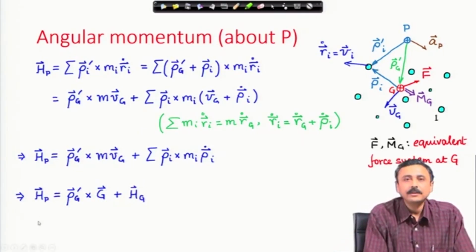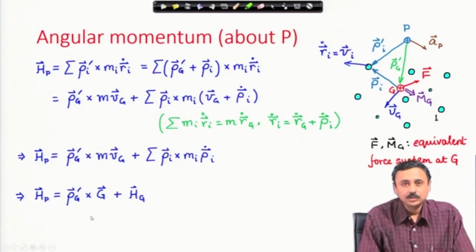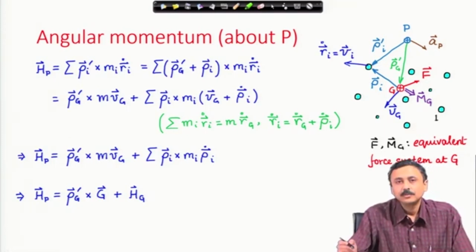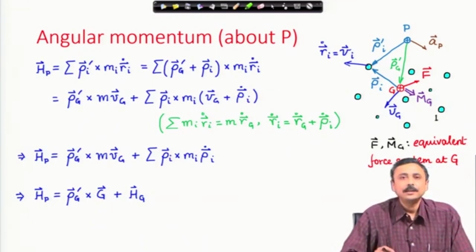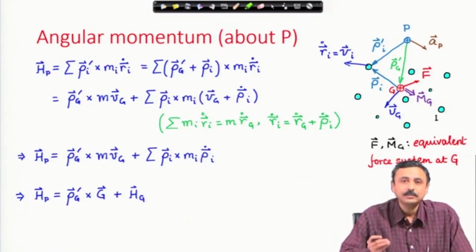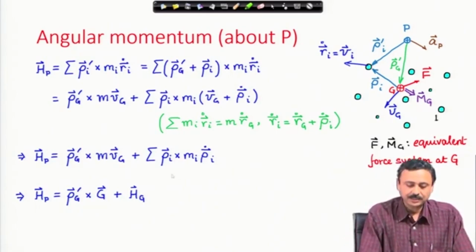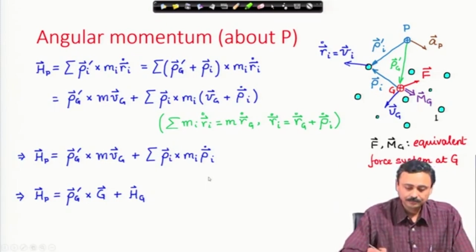And therefore, I can write the angular momentum about an arbitrary point P as rho g prime, which is the moment arm from P to G, cross linear momentum of the whole system with the whole mass concentrated at G. So, capital G vector is the linear momentum of the center of mass, considering that the whole mass is concentrated. It is as if it is a point particle with the whole mass of the system concentrated at the center of mass. Plus, this we have seen, this is Hg or Hg rel, the relative angular momentum about the center of mass.